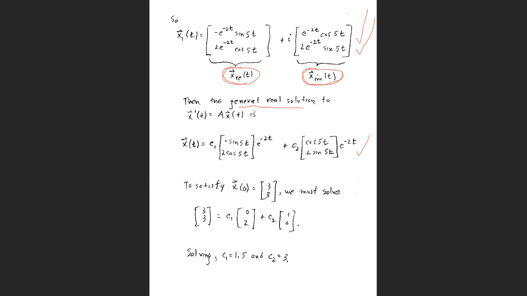We get our general real solution, which is, as we've proven, a linear combination of the x sub real and the x sub im.